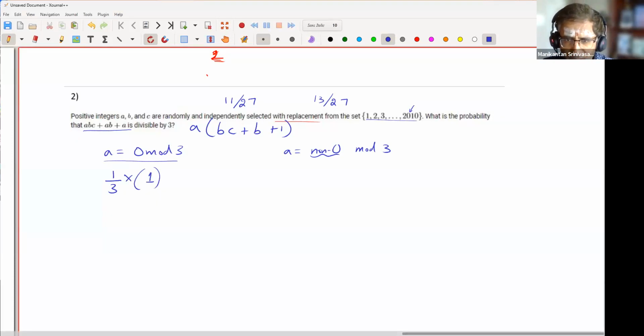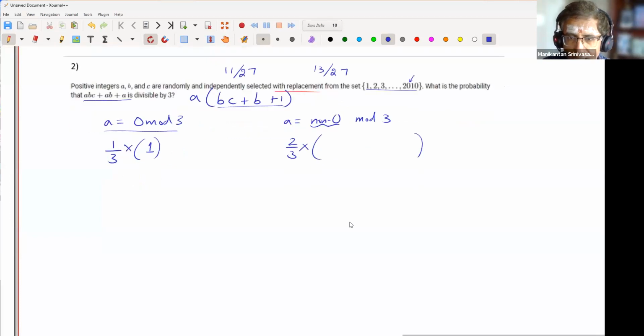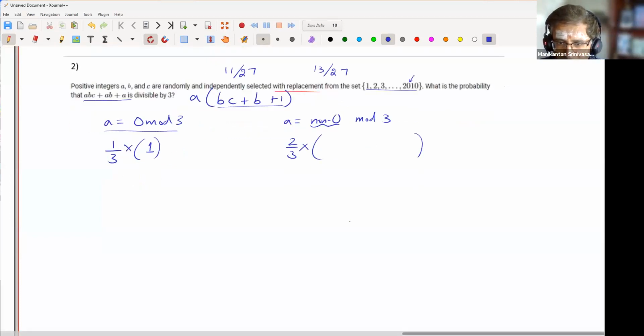And then if A is not divisible by 3, this branch is 2/3. So 2/3 into, if A is not divisible by 3, then we definitely want BC plus B plus 1 to be divisible by 3. Okay, so we can divide into a few cases, right? So B, let's say B is here, and then let's say C is here. And then let's say we have remainders of 0, 1, or 2 possible.